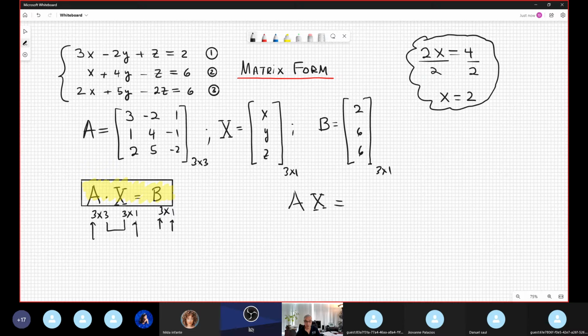equals B. But the problem, professor, is that I cannot divide by a matrix. The division of matrices is not defined. Well, but we define something similar to division, which is the inverse. Let's suppose I want to multiply by the inverse, which is somehow the idea behind this division by 2.